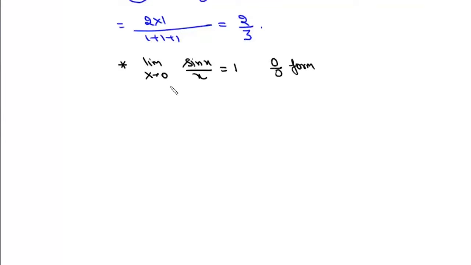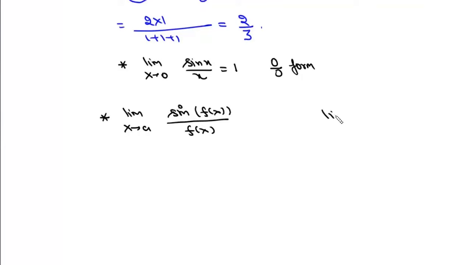So rather than having this limit in the form limit x tends to 0 sin x upon x, we may have this limit in the form limit x tends to a sin f(x) upon f(x).